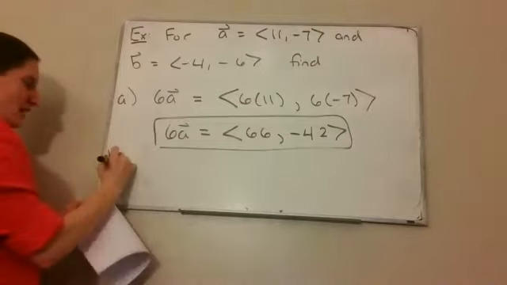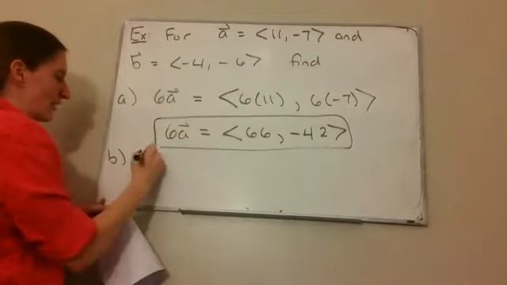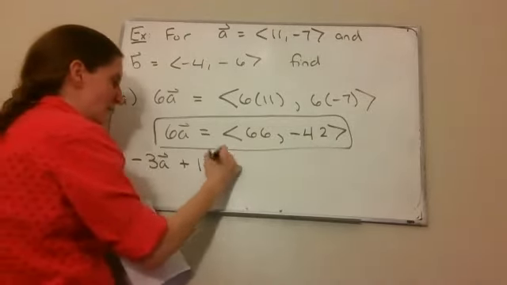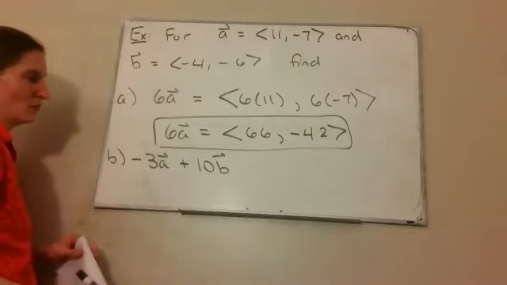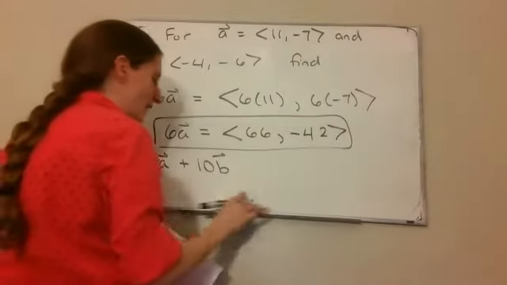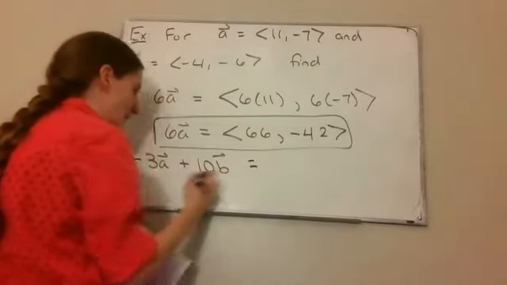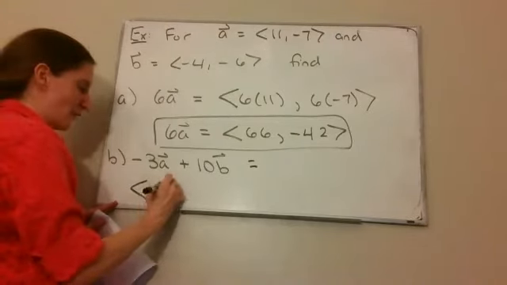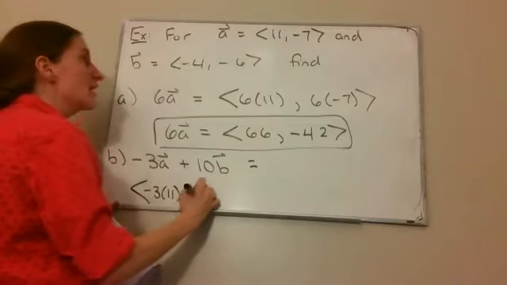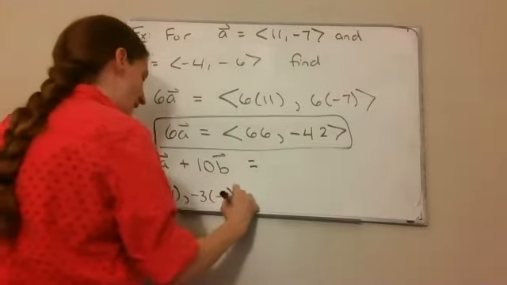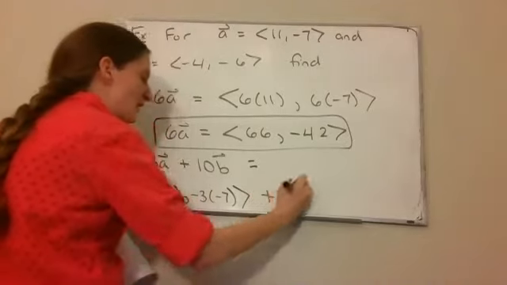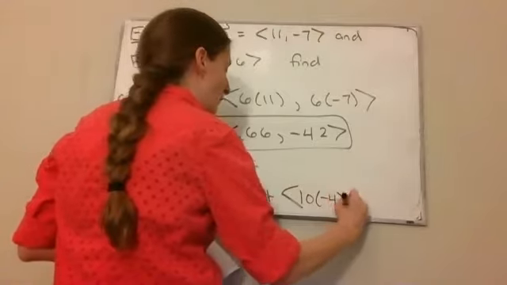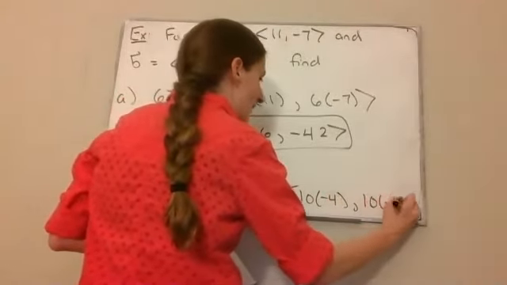And then an example that combines all of this stuff together. Let's find negative 3A plus 10B. Well, first let's find what negative 3A is and what 10B is. Negative 3A is going to be negative 3 times 11 and negative 3 times negative 7. And 10B is going to be 10 times negative 4 and 10 times negative 6.